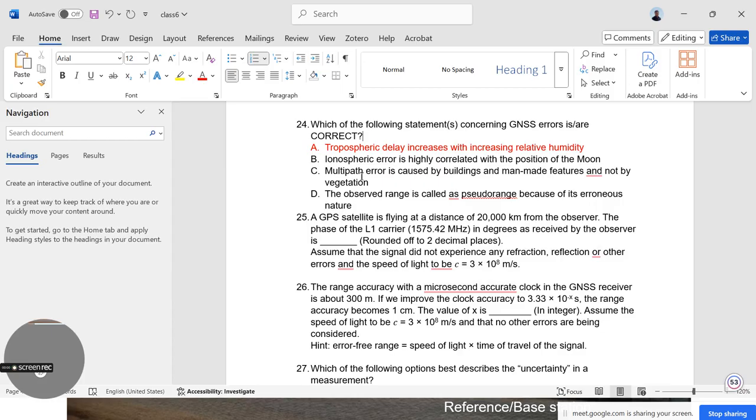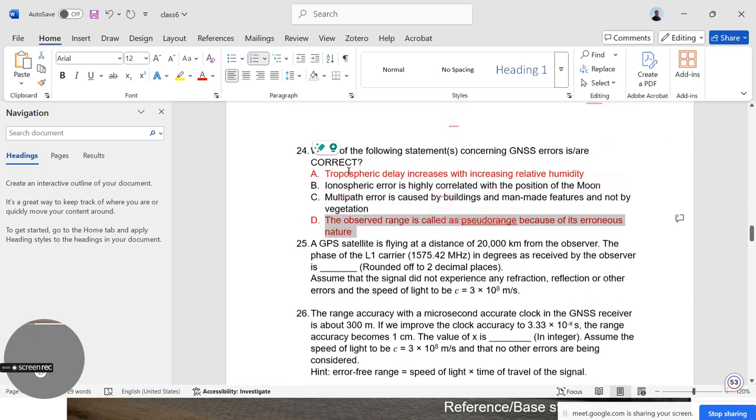When we are measuring this delta T, we have error coming through the different components of the space, atmosphere and receiver side. Because of that, it will not give us the actual distance and it will give the distance with some error. So because of this erroneous nature, this word pseudo is there. The meaning of this pseudo word is false measurement, and this false is because of the error of the different components. So that's why option D is correct. So options A and D are correct, B and C are incorrect.